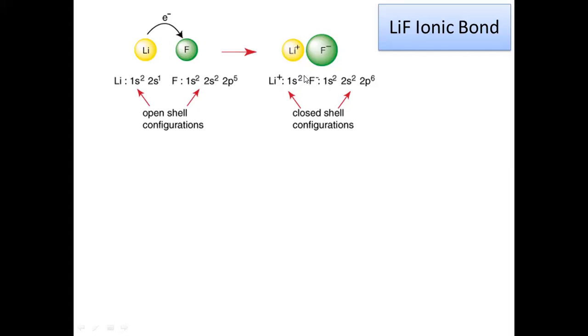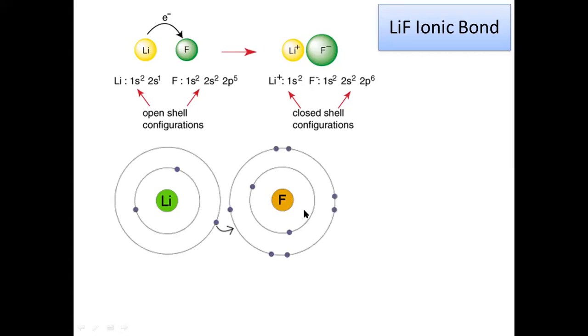The lithium has only 2 electrons in its outermost shell. So that's why it is called the closed shell configuration, and it is shown over here. 1 electron was there in the lithium, moving to the fluorine. The octet is complete and there is only the possibility of the 2 electrons.